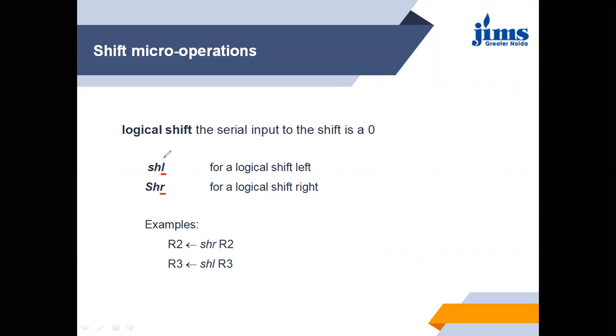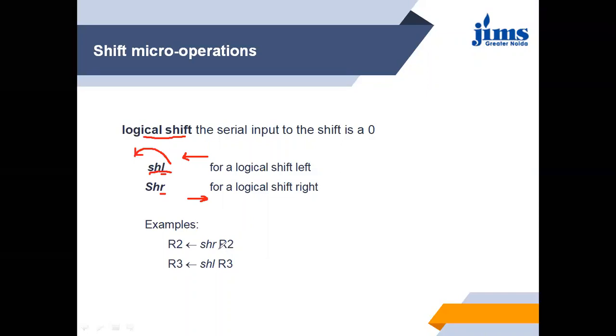Means we are going to shift logically either in the left or in the right. So SHR represents that the content of a register is going to be shifted logically right, and the content of a register is going to be shifted logically left when we represent SHL.